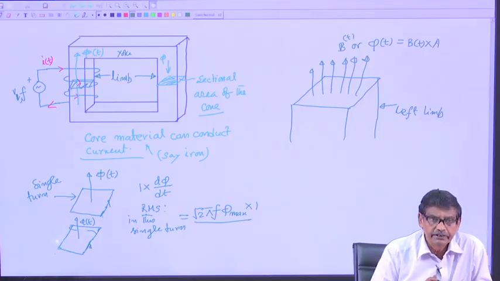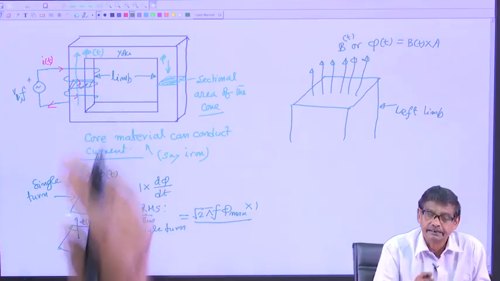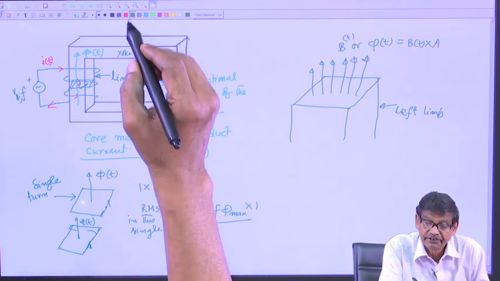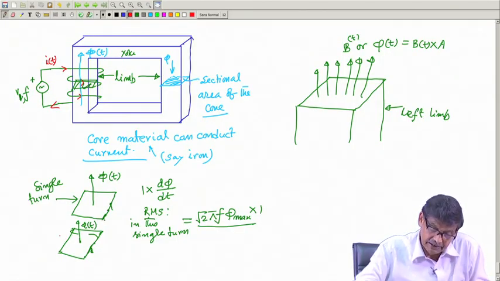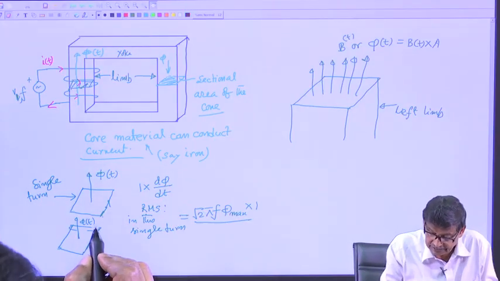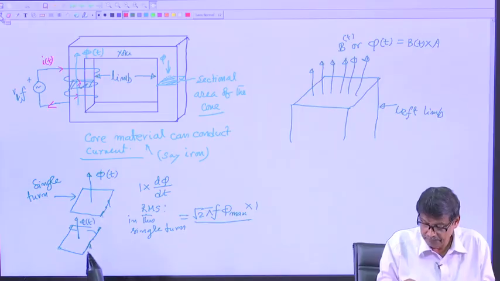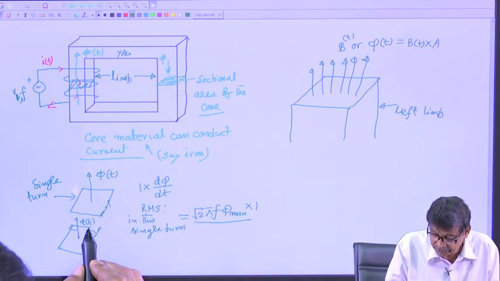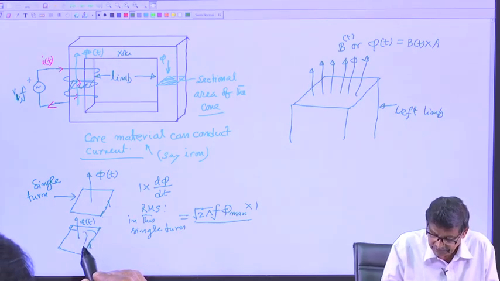What will be the direction of the current? Suppose phi t is going up and increasing, then from Lenz's law I know the direction of the induced current in this loop should be such that it will oppose this increase in flux. So, this was my turn, and the direction of the current has to be like this.